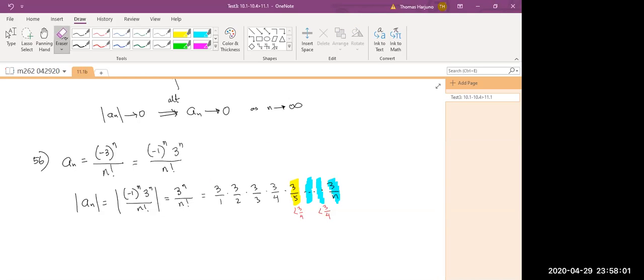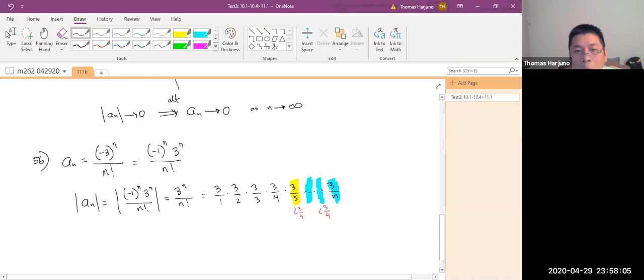Now then, because each of them is less than 3/4, I can say this is less than or equal to 3 over 1 times 3 over 2 times 3 over 3 times 3 over 4 times 3 over 4 times 3 over 4 times 3 over 4 all the way to the last term.